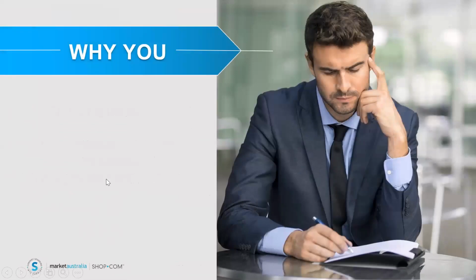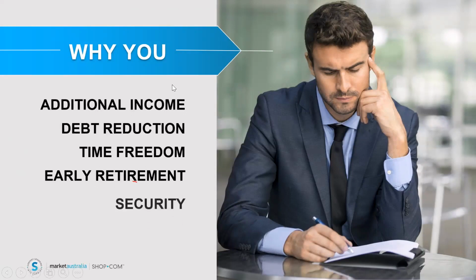And why is it that you're on this call, and why do you want to become a business owner? As we mentioned, if you do a traditional business, you probably will find that you have to spend a lot of money to even just get started. But with a business like shop.com, it's really easy to get started. You can have additional income, debt reduction, time freedom, early retirement, and security as well.